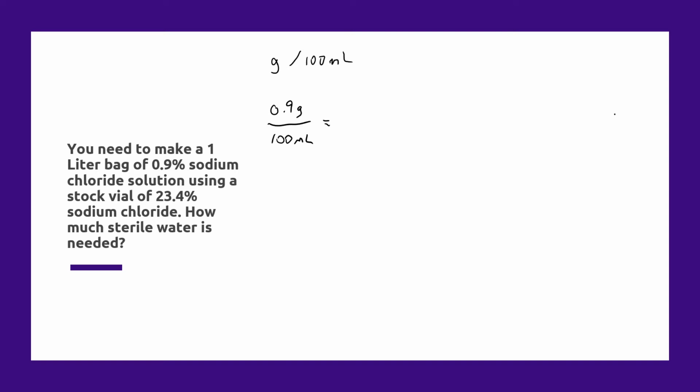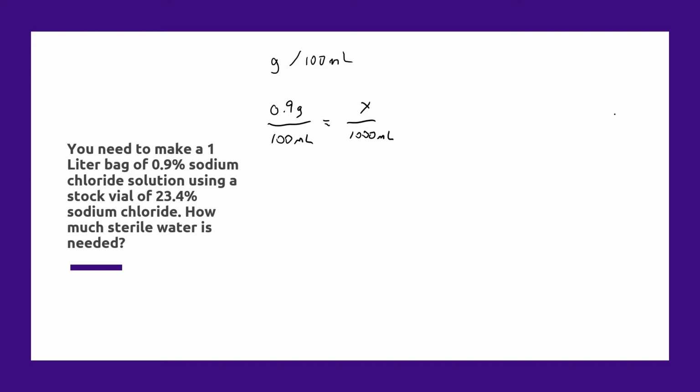We need to know how many grams are going to be in 1,000 mL. And in our course, I always teach using proportions set up like this to solve for an unknown variable when you have a conversion. So we're converting from 0.9 grams per 100 milliliters to how many grams that would be per 1,000 milliliters at the same concentration.